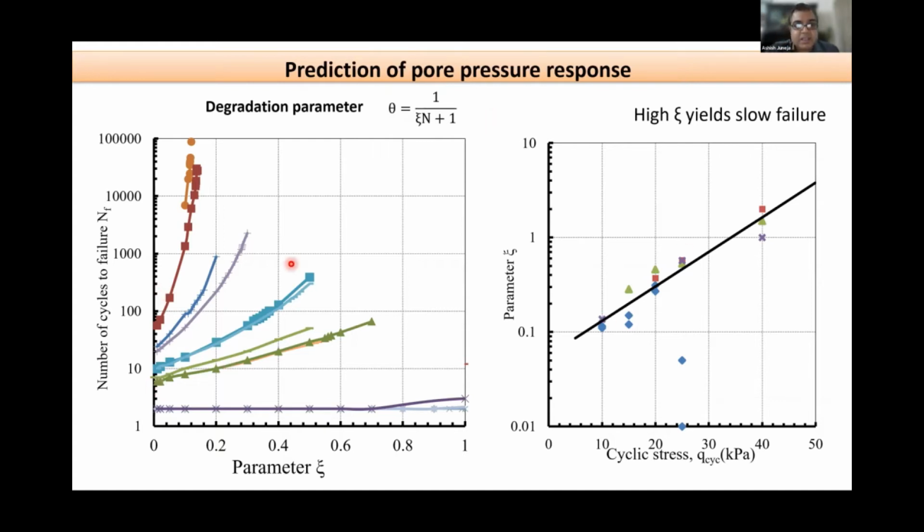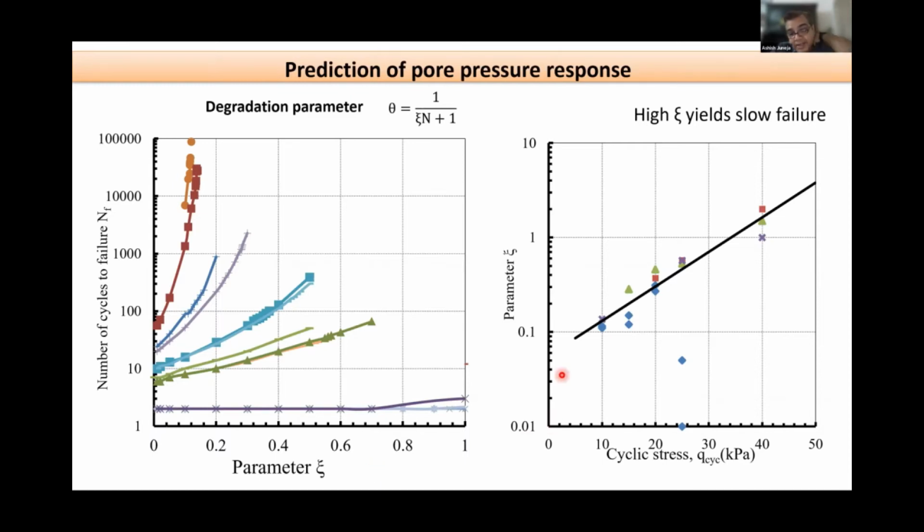What is seen is that if I introduce this, can I develop or use this degradation parameter in terms of, I think this is Z times eta, so that's Z. If I plot the number of cycles to failure and try to get a relationship with the degradation parameter, I do get some very obvious relationship.